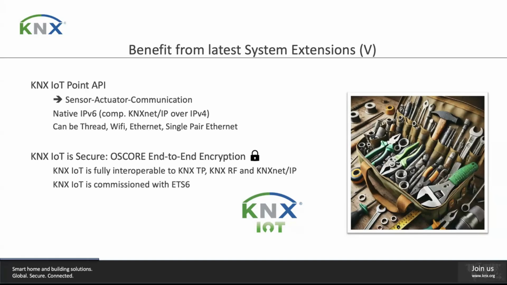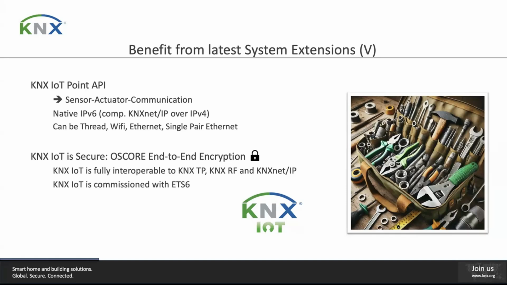And it's really secure. So it's got end-to-end encryption, but we can make it fully interoperable with twisted pair, RF, and KNX Net IP through the use of a KNX IoT router. And that allows us to connect our IoT devices to the rest of the KNX topology. So you can bring it into ETS and everything works exactly the same.